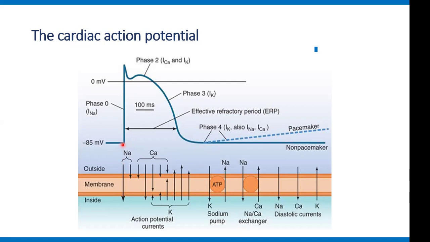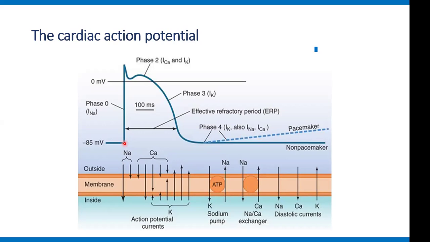So if that membrane potential is not reached or breached, then these sodium channels are not activated. Around this point in the action potential, they are activated, and they open rapidly, almost at once.